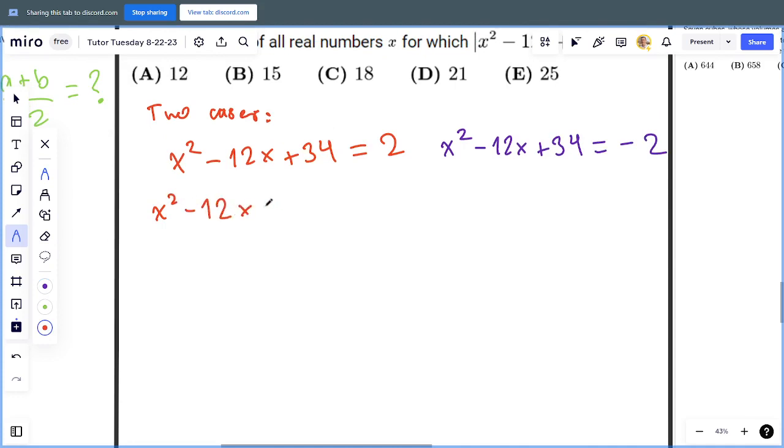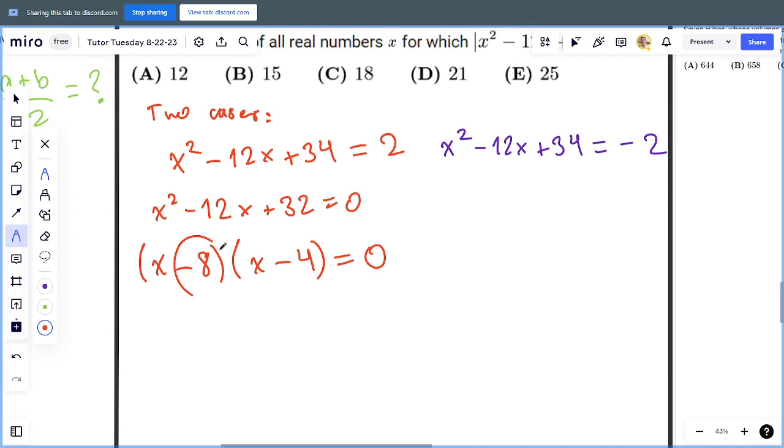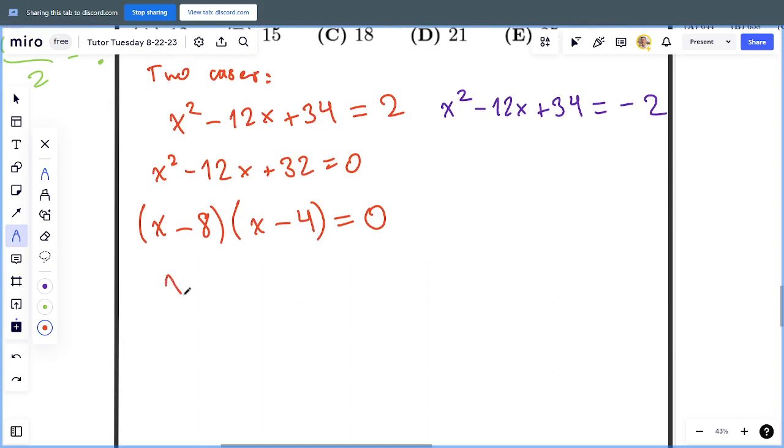Let me subtract 2 from both sides, so we get x squared minus 12x plus 32 is equal to 0. Then we get x minus 8 times x minus 4 is equal to 0, because that's easily factorable, two numbers that multiply to 32 and add to negative 12. That means the solutions are x equals 8 and x equals 4.